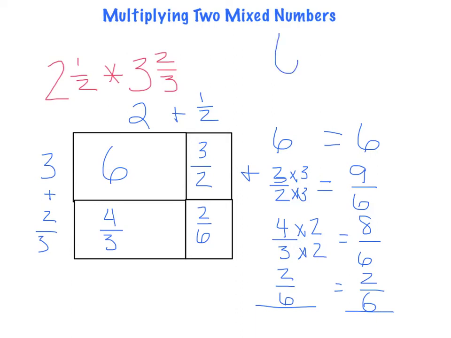So I'm going to write up here, I have 6 and 19/6, which of course I need to change because that's an improper fraction. So 19/6, that gives me another 3. So I'll have 9 and 1/6.